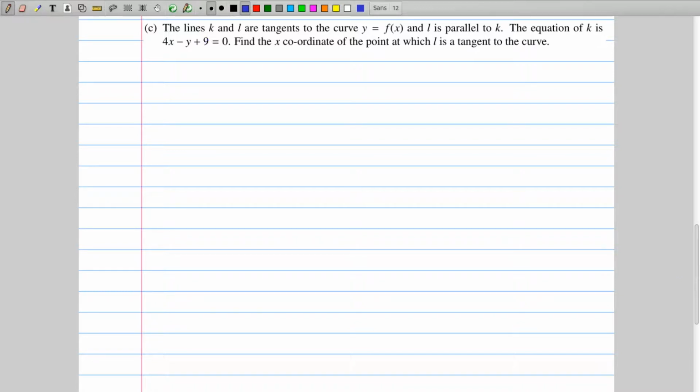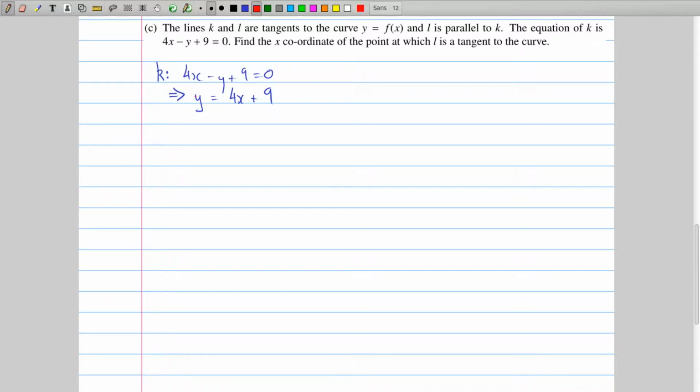Well, we know that K and L are parallel to each other. In other words, they have the same slope. We're given the equation of K, and so we can work out the slope from that. So if K is given by 4x minus y plus 9 equals 0, I'm going to rearrange that into the standard form of y equals 4x plus 9.